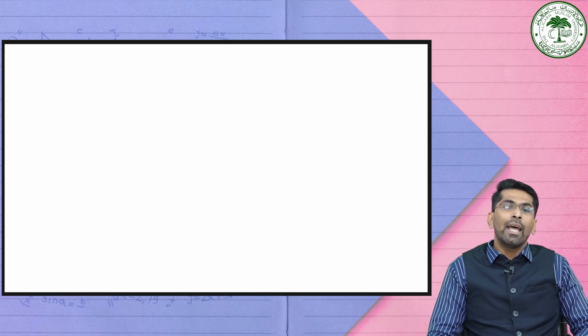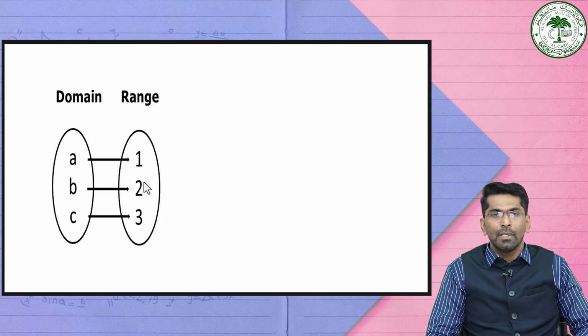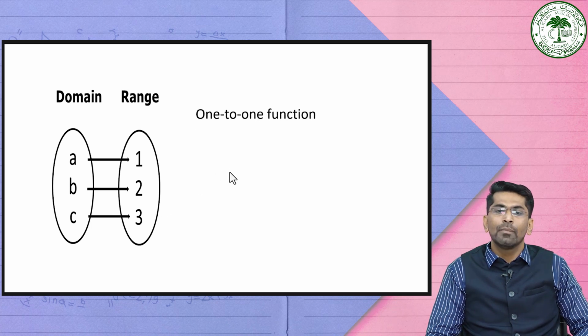Now consider another mapping diagram. The domain and codomain are given here. A, B, C are the elements in the domain, and 1, 2, 3 are the elements in the range. Here, all the distinct elements of the domain have a unique image in the range: A with 1, B with 2, C with 3. So it is a one-to-one function, of course.